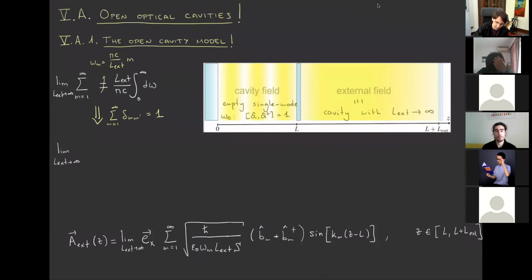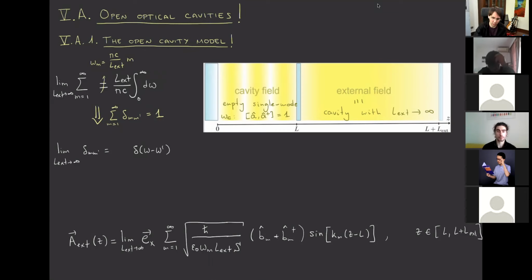The limit when L goes to infinity of the Kronecker delta is equal to, since I am replacing the sum by an integral, if I want to get a 1, the Dirac delta of the corresponding frequencies, omega and omega prime.